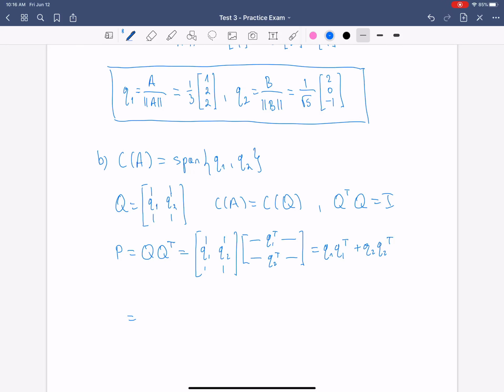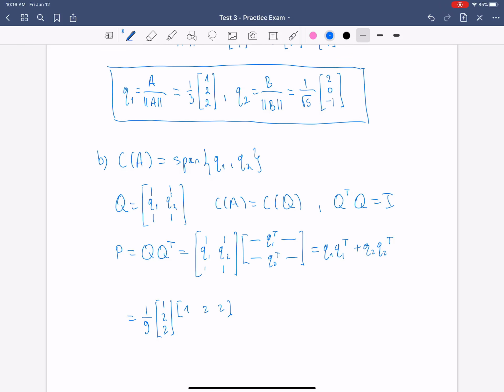You see both Q1 and Q1 transpose will have that 1/3. You can take 1/3 times 1/3, sort of factoring it out. So ultimately we will have 1/9 times (1, 2, 2) times (1, 2, 2).